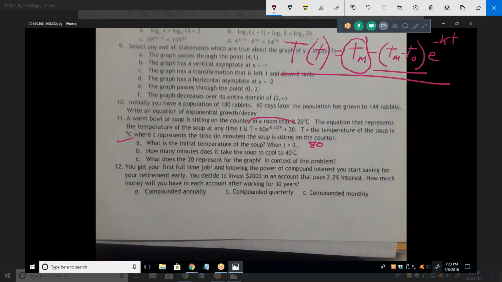Based on this, 40 equals 60e to the negative 0.2027t, plus 20. Now solve that.